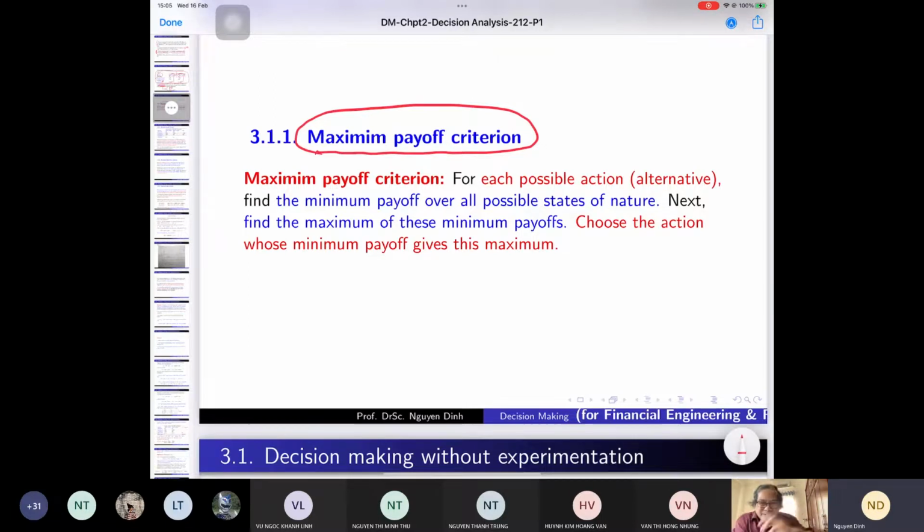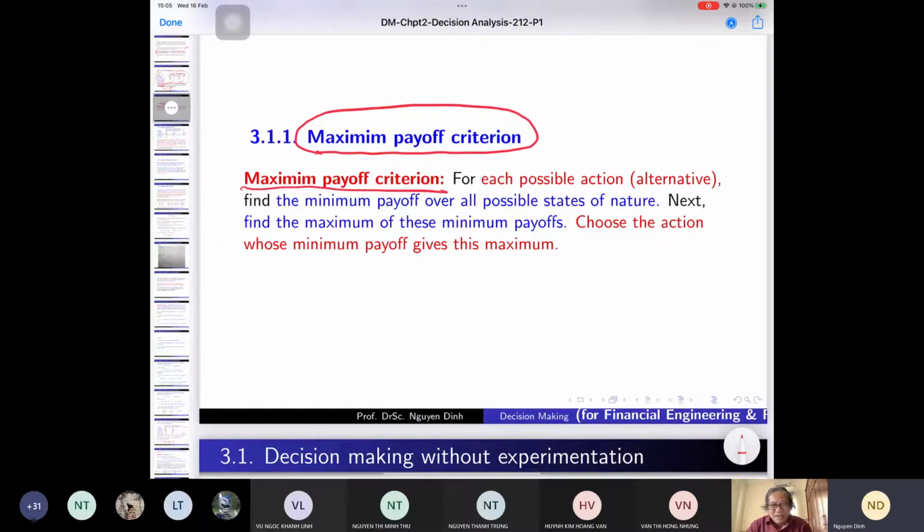Payoff is the payment at the end. Maximin means two things. We take the min, and among the min, we take the max.